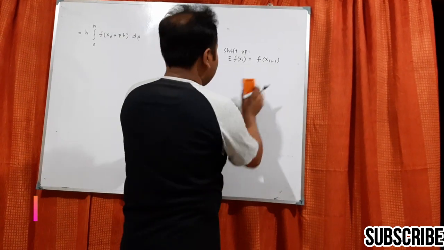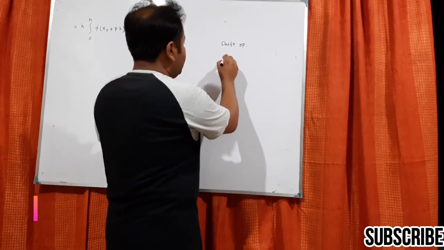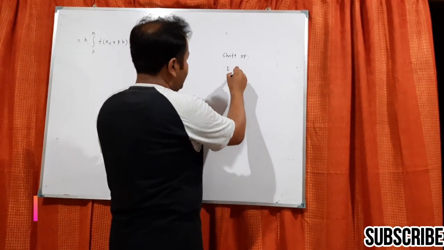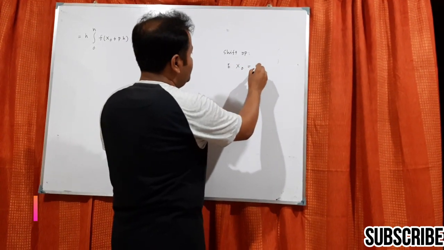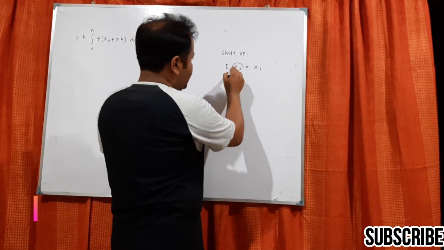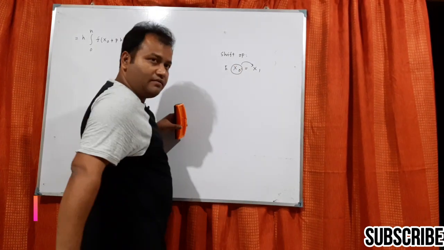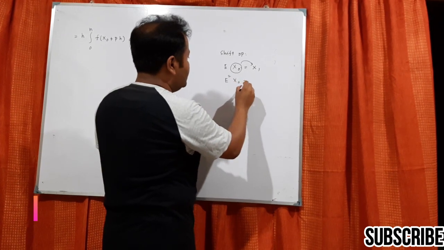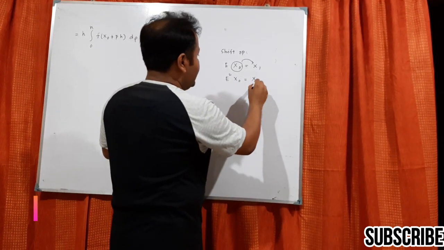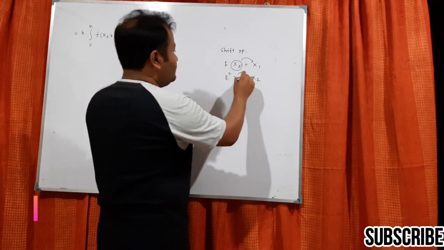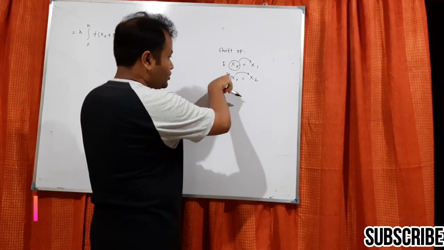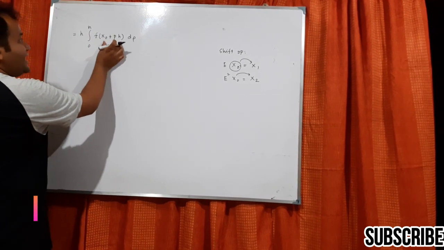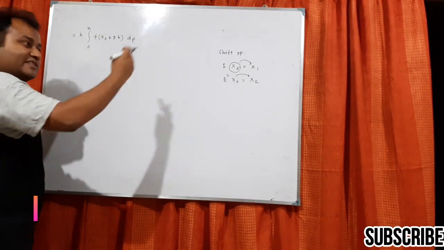So if there is E of x naught, that will move to x1. If I write E square of x naught, that will move to x2, because it will jump 2 steps. So now you see this is x naught plus ph, so it is jumping p steps.